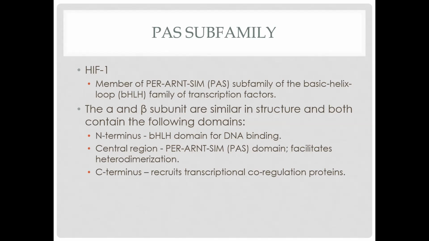So the PER and the SIM genes were both isolated from Drosophila melanogaster. And then the ARNT is, of course, the aryl hydrocarbon nuclear translocator, ARNT. That's the central region of these proteins.